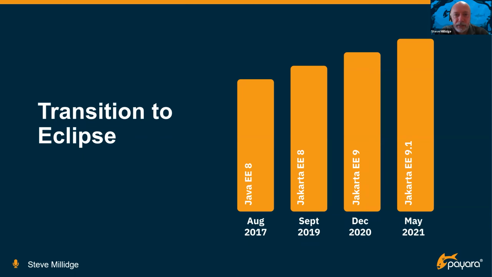And everything that we're doing now in Jakarta EE is open source, so anybody can contribute. It's not all behind closed doors. It's all done through open source rules and the Eclipse development process and the Eclipse specification process. So we have governance, we have openness, and we have evolution.